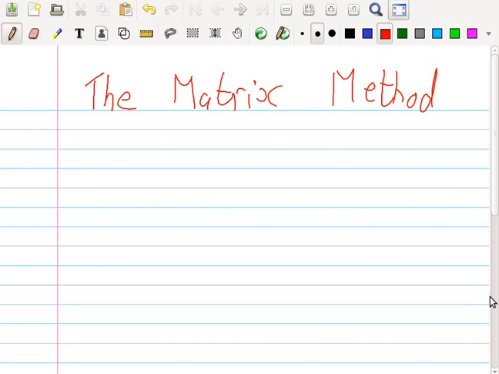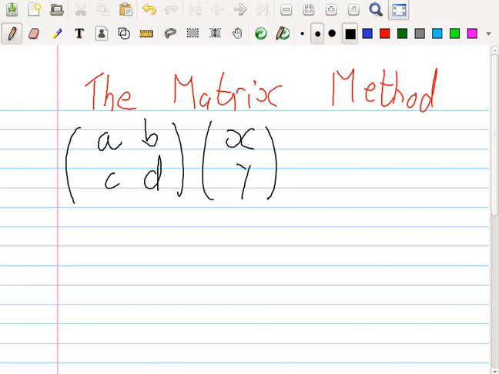Okay, so firstly, to get us started, let's have a look at this multiplication. Matrix, square matrix with ABCD inside it, times XY equals PQ. So let's multiply that out.